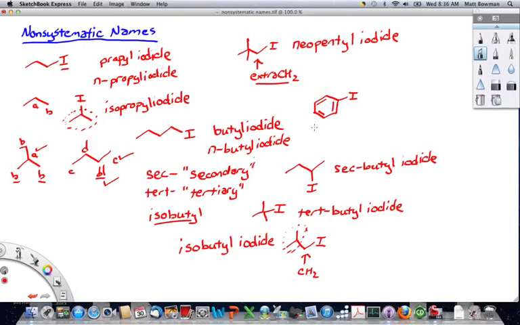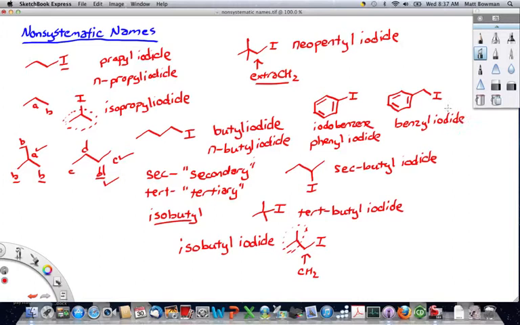This molecule here is called iodobenzene, or another way of calling it is phenyl iodide. If you add a CH2 between the benzene ring and your substituent, you form the benzyl group.